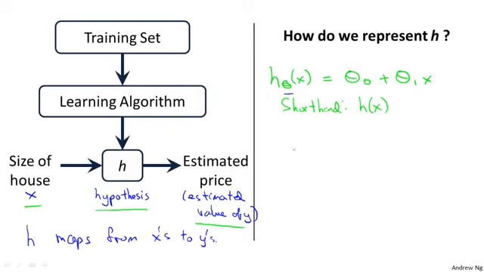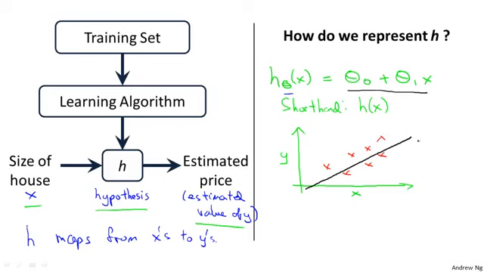Plotting this in pictures, all this means is that we are going to predict that y is a linear function of x. Right? So that's our data set, and what this function is doing is predicting that y is some straight line function of x. That's h of x equals theta 0 plus theta 1 x.